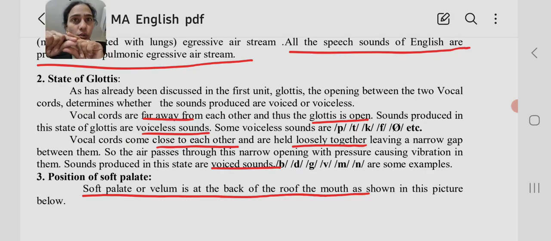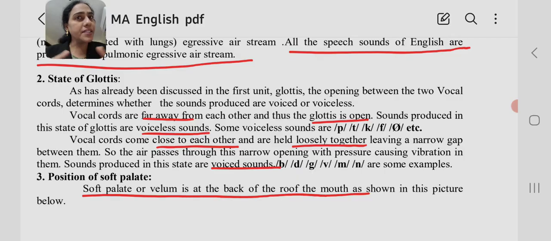They are held loosely, but they are coming close to each other, which means the glottis is closed and the sounds are voiced. That means you can feel the vibration. Say with me the sounds like b, d, g, v, m, n.